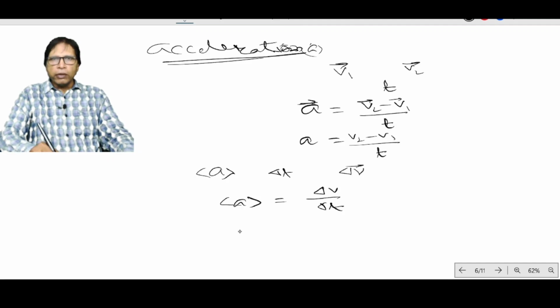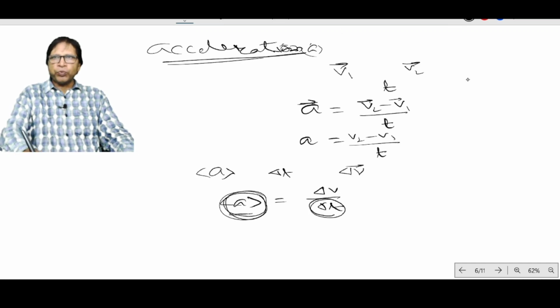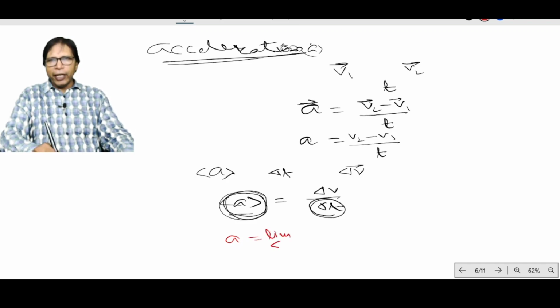Okay. Now instantaneous acceleration. Instantaneous acceleration is the limiting value of average acceleration when time delta t tends to 0. Therefore, instantaneous acceleration a is the limit delta t tends to 0 of delta v by delta t, that is dv by dt.